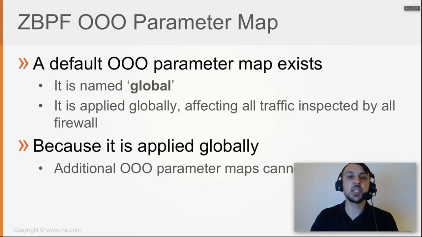And it makes sense because the TCP normalizer capability of the firewall is being controlled by out-of-order or OOO parameter maps. Because that is resource intensive on the router, at this point Cisco doesn't let you have the normalizer engine run differently per class of traffic.